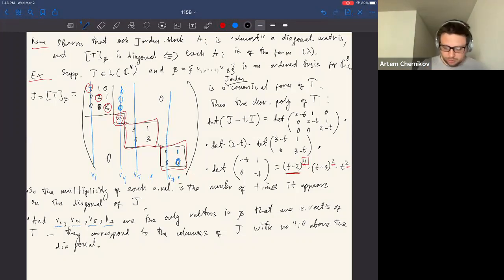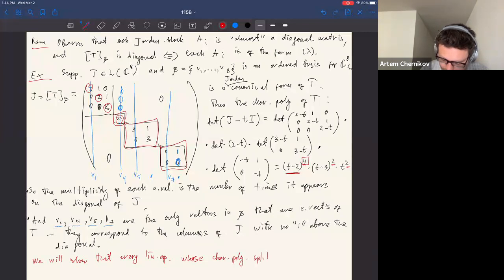Okay, so the aim of what we are trying to prove is that we will show that every linear operator whose characteristic polynomial splits admits a Jordan canonical form.